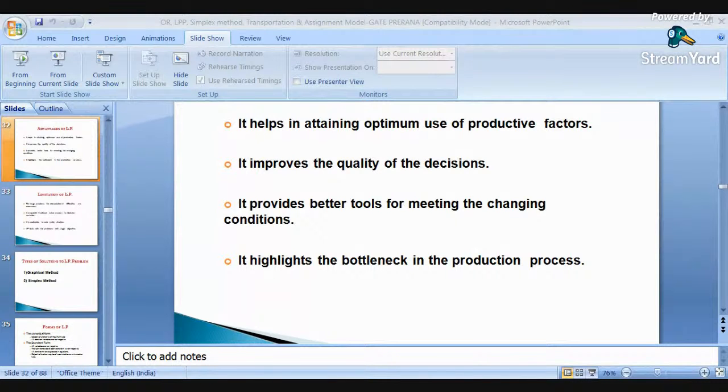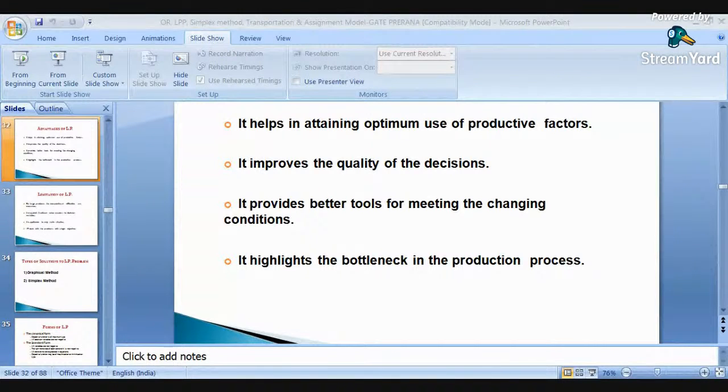The optimal solution of the dual problem gives complete information about the optimal solution of the primal problem and vice versa.